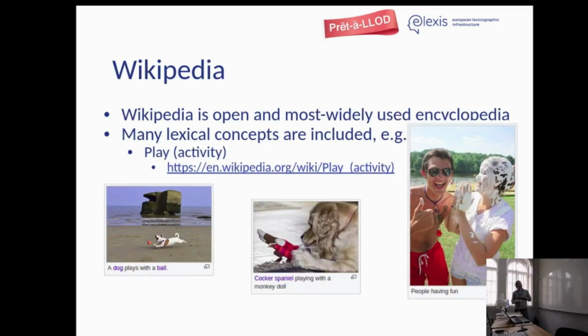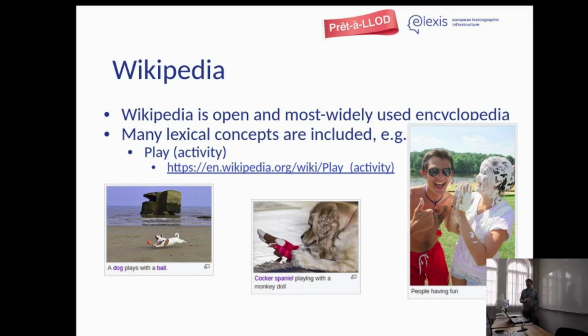Wikipedia, on the other hand, also tends to slip a bit into trying to be a lexicon. There are Wikipedia pages for things that are, I would say, not particularly encyclopedic, like play. So there is just an idea of playing, and there's a Wikipedia article for it.